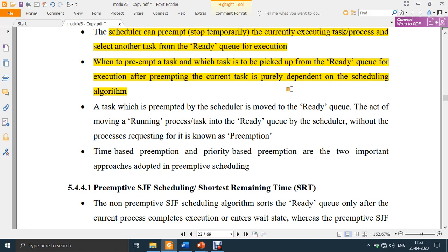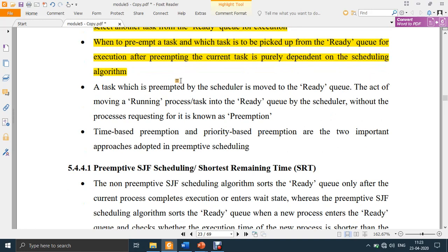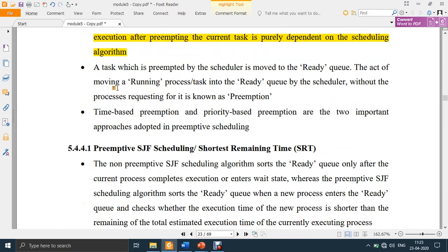Who will be given the next chance and how much time each patient gets to consult the doctor depends on the scheduler or the attender. When a task is preempted by the scheduler, it is moved to the ready queue. As soon as you forcefully take away the CPU from a process, that process or task is moved back to the ready queue.